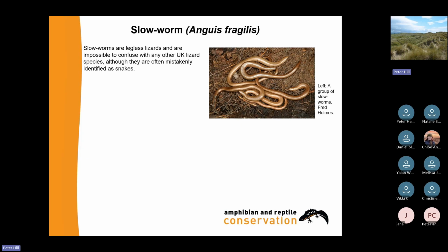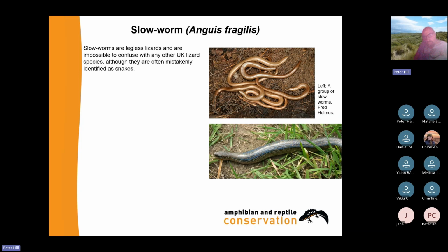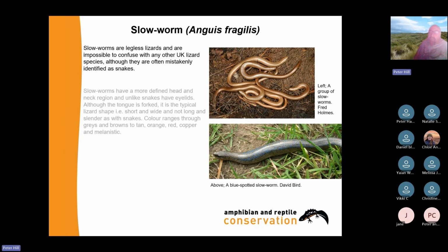Slowworm, very different animal. The scalation is very different. Okay, they're so polished and smooth. That's because they're semi-fossorial. They're burrowing animals.